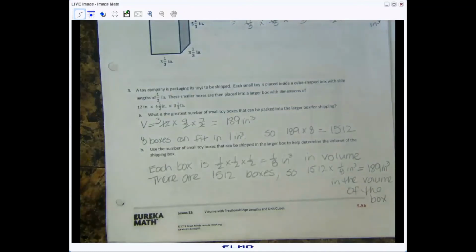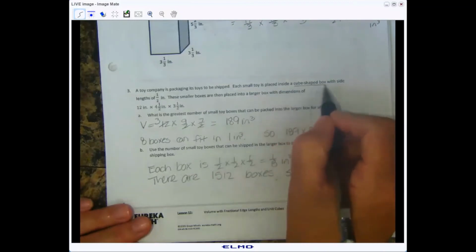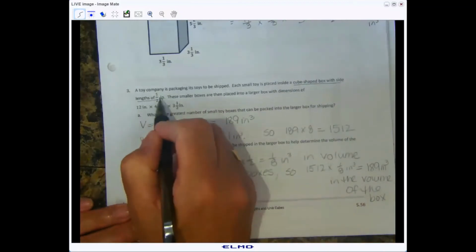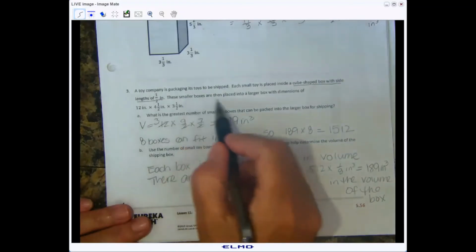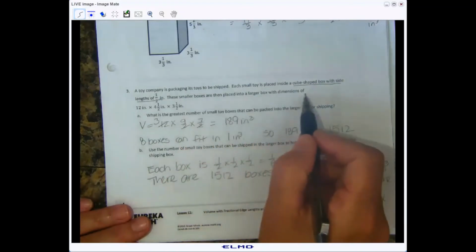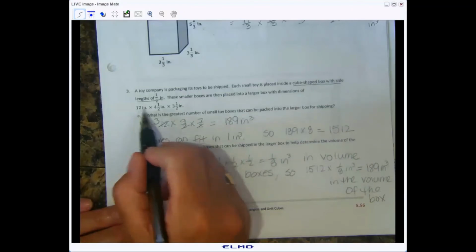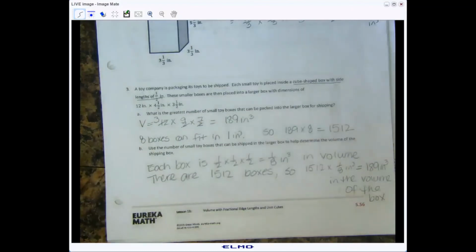So the box, it says cube-shaped box with side lengths of 1/2 inch. So these smaller boxes are then placed in a larger box with the dimensions of 12 by 4.5 by 3.5. What is the greatest number of small toy boxes that can be packed into the larger box for shipping?